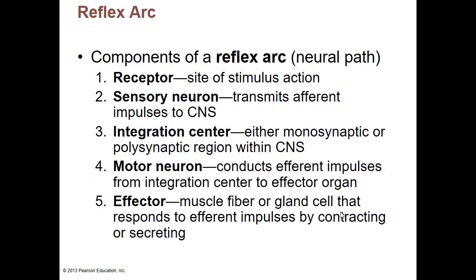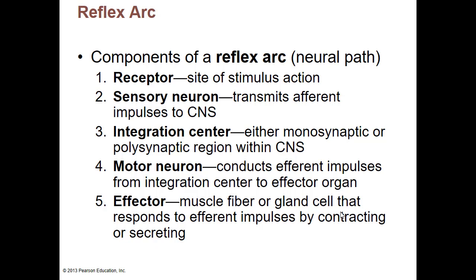Now, the 5 parts of a reflex arc. Although you're not thinking about these things happening, they're happening. And there's 5 parts that cause a reflex. One, you have to have some type of receptor, something that's there to receive some type of stimulus. My example is I'm going to touch my hot stove. That means I have nerve endings on my fingers, on my hand, that are going to be able to sense the heat.